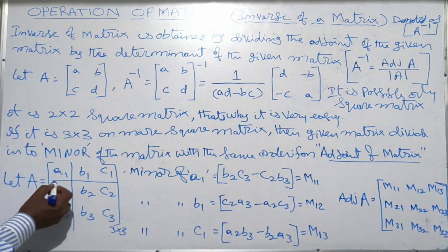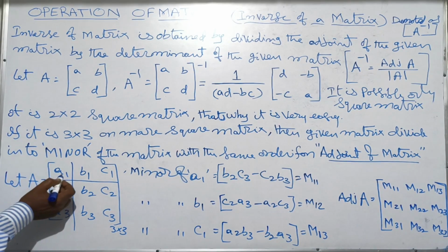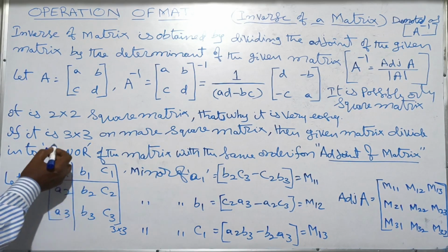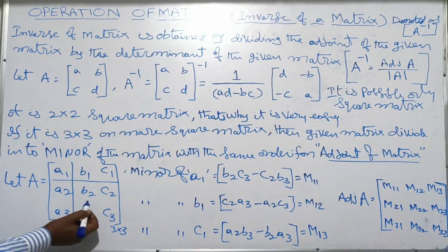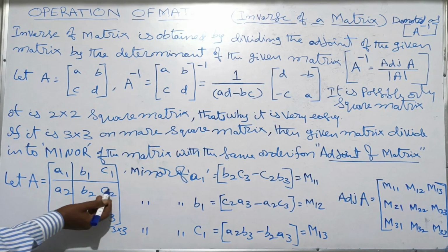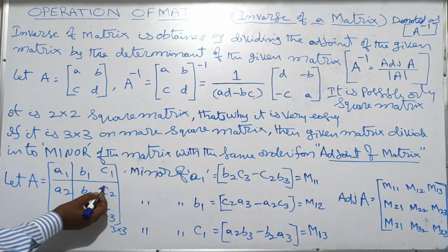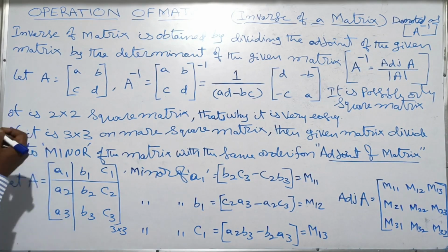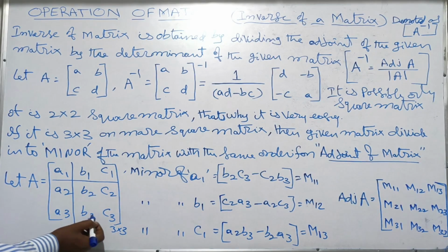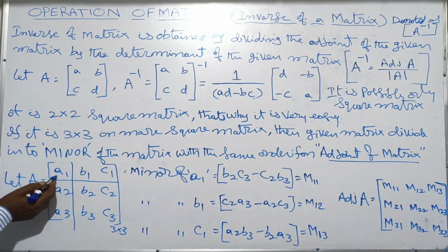How? For the minor matrix of A1, A1 is in the first row and first column. You leave the first row and first column. What is left over? B2, C2, B3, C3. This is the minor matrix of element A1.